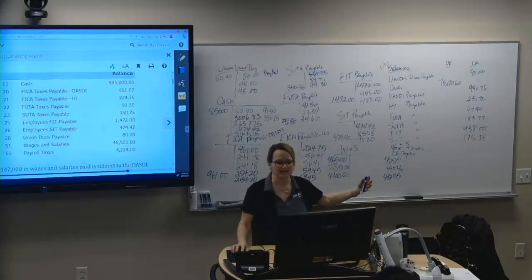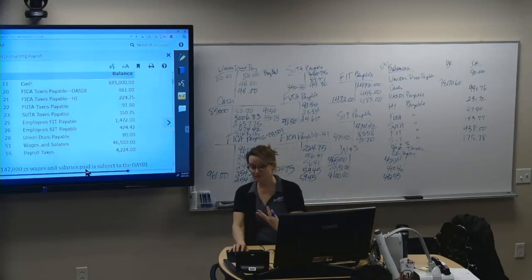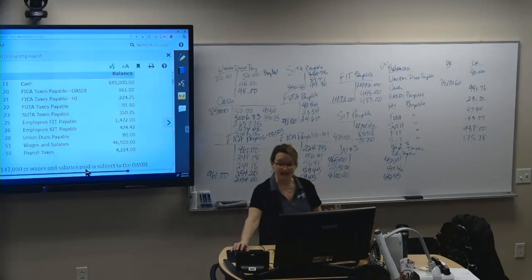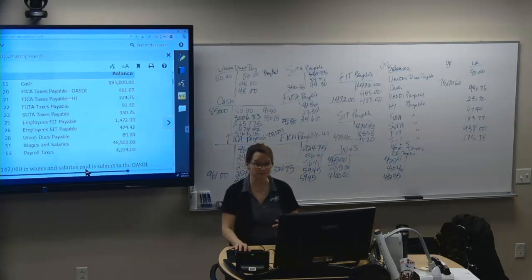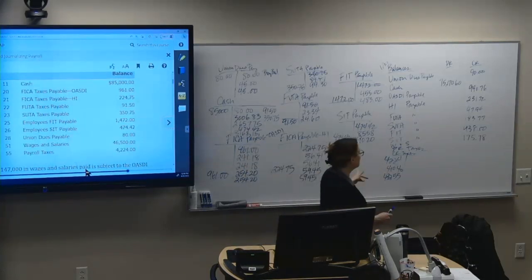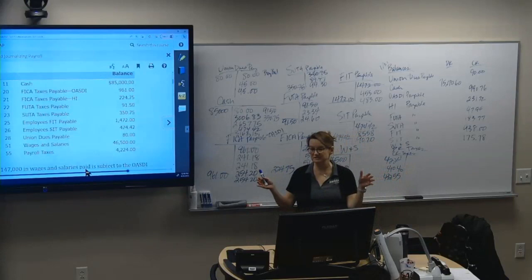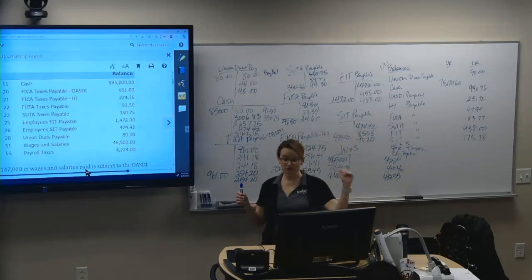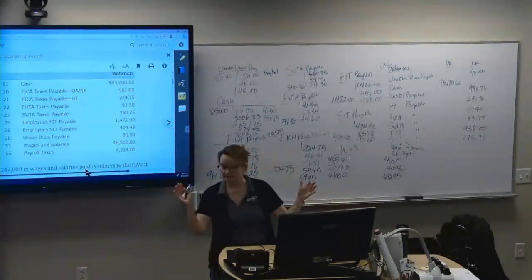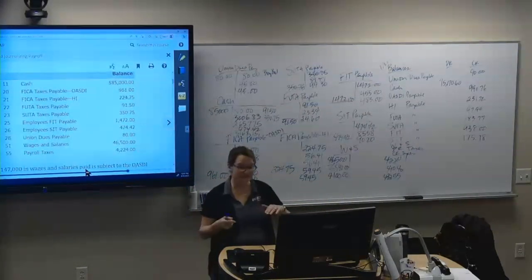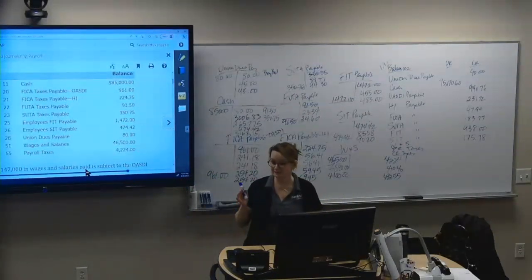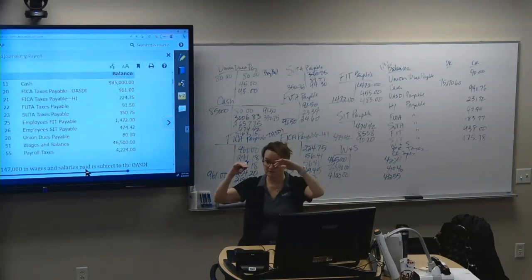And this is where it gets a little tricky for a company that has a different fiscal year than the calendar year, because for W-2 purposes and payroll purposes, they need to know what their wages and salaries were for January through December. But for financial accounting purposes, they're calculating the salaries from July to June.